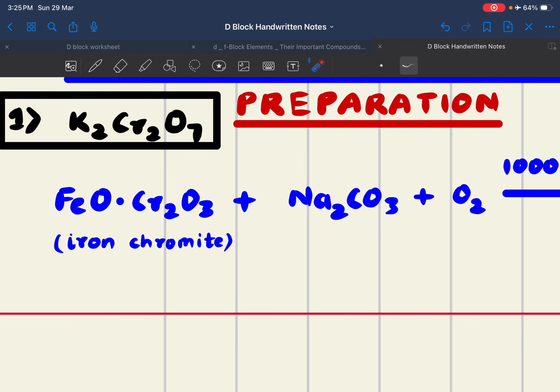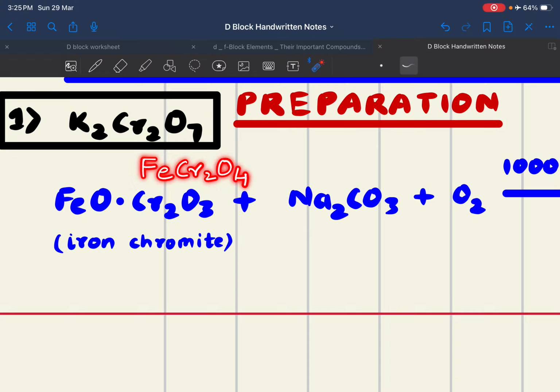Its name is potassium dichromate. So first we will talk about its preparation. In this method, what do we take? We take iron chromate. Now this is the formula for iron chromate, FeO.Cr2O3. The same thing can be written combinedly as FeCr2O4.